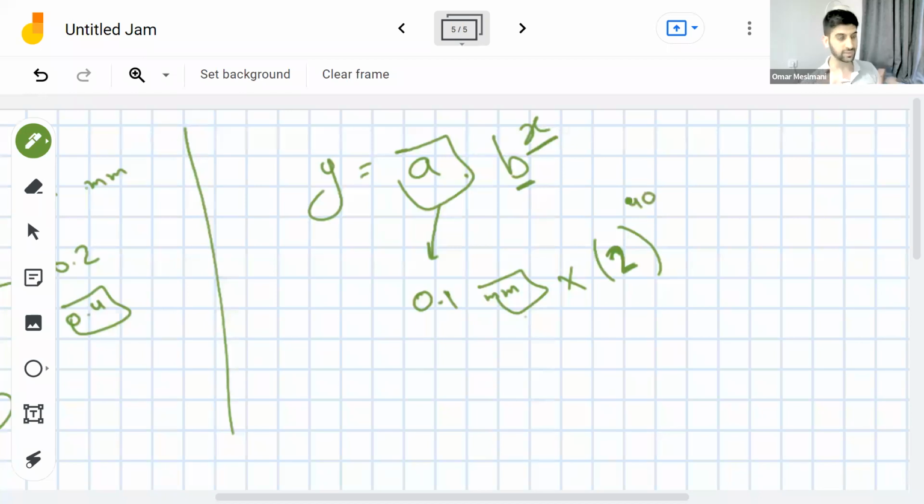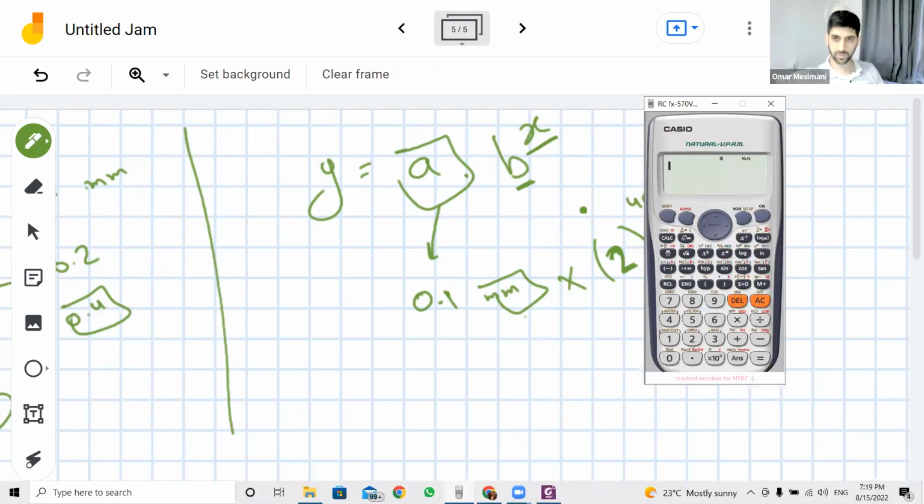I told you that if you take a paper and double it 40 times, you will get the distance. I don't know if the calculator can do this, but 0.1 multiplied by 2 to the power of 40.